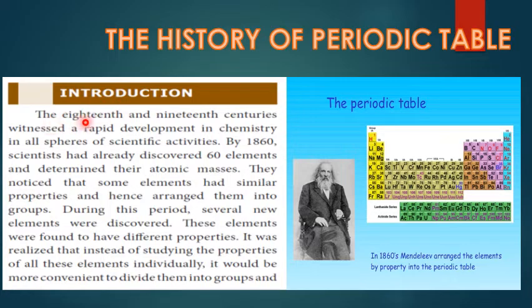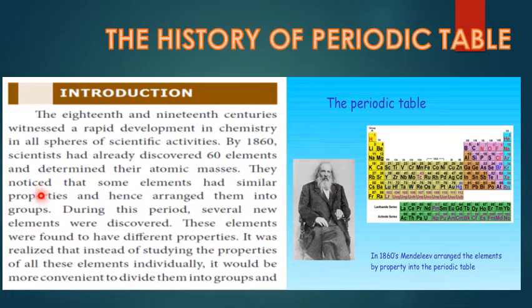Introduction. The 18th and 19th centuries witnessed a rapid development in chemistry in all spheres of scientific activities. By 1860, scientists had already discovered 60 elements and determined their atomic masses.